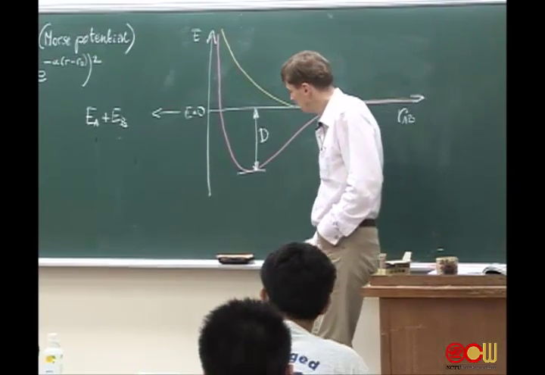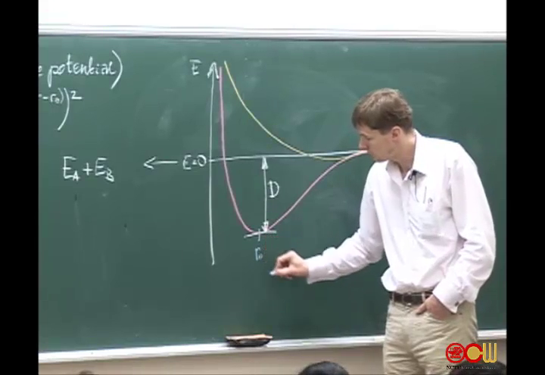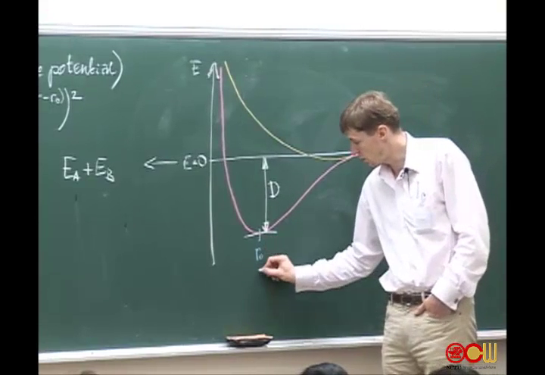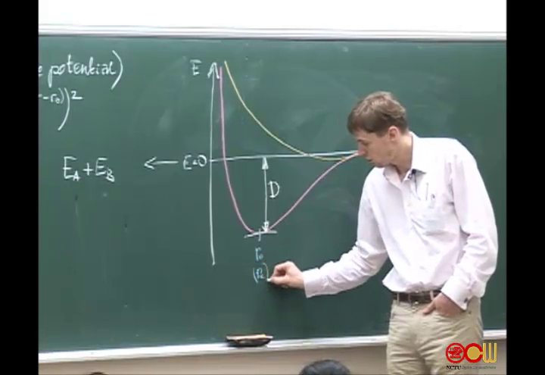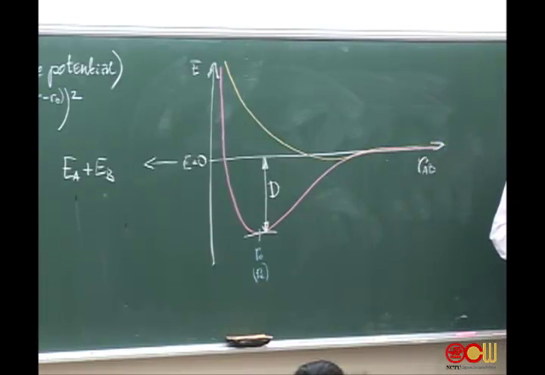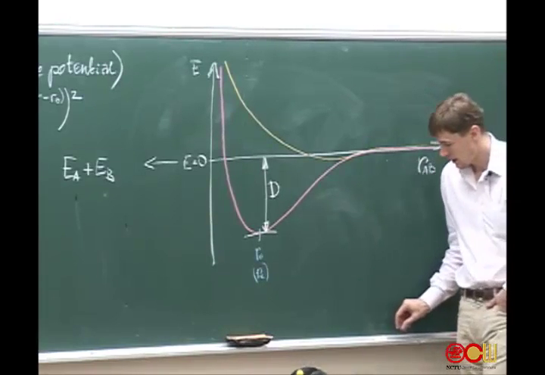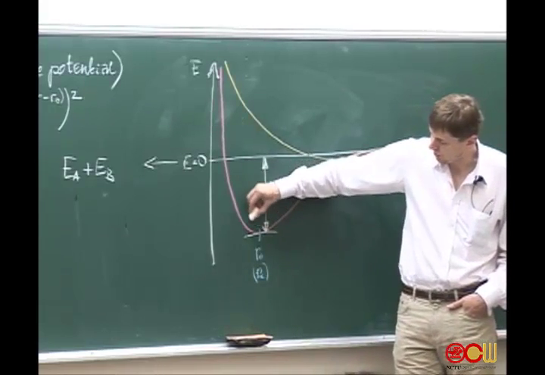Another one is the position of the minimum, that is the r0, or sometimes people also say rE for the equilibrium. Both things are okay. Another parameter describes what is the curvature.